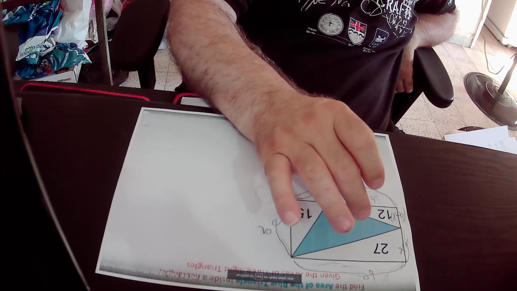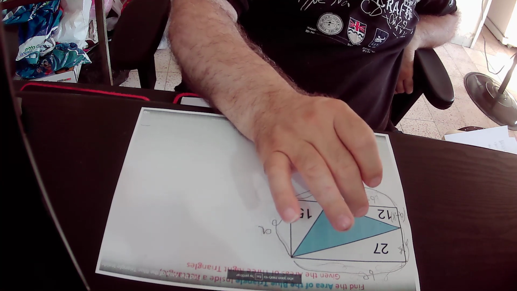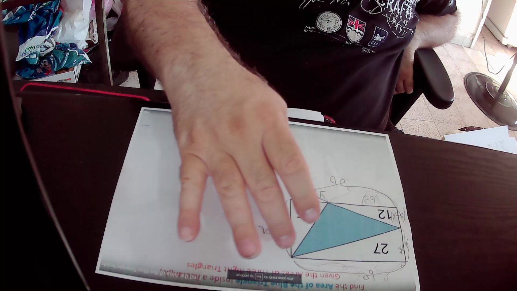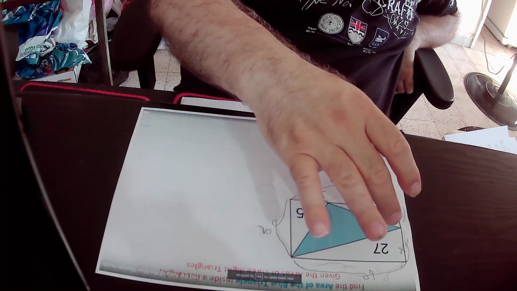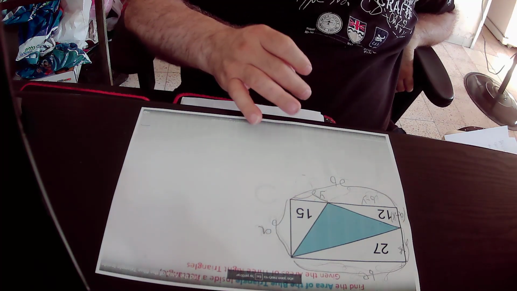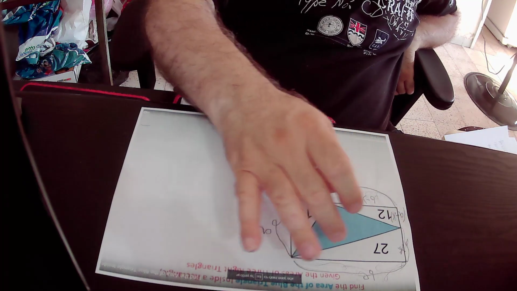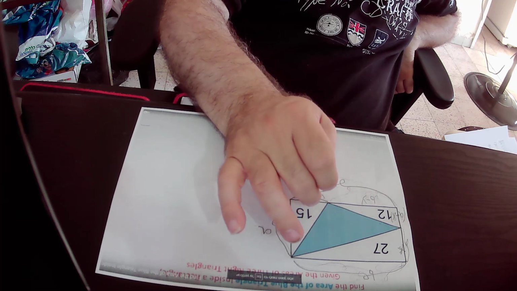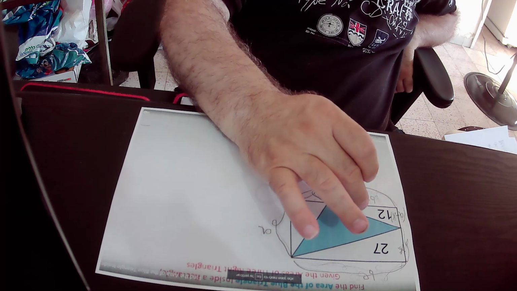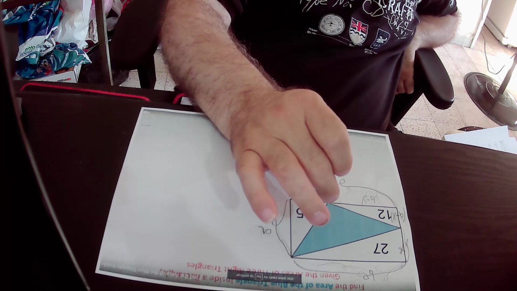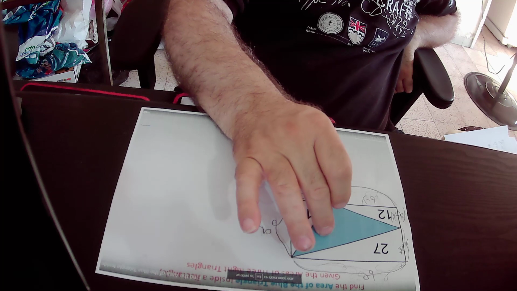So the only solution that is left is the first solution, that is to say that the area of this rectangle, A times B, equals 90 units. And the area of this rectangle, 90 units, minus the total area of those three right triangles, 54 units, equals 36 units.